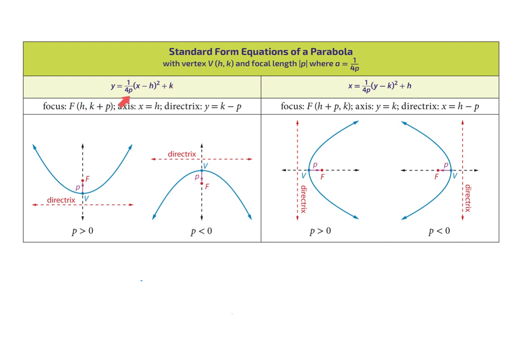This is why we need to know that p value, okay? x = h is still my axis, as it always has been. My directrix, so this line that's equidistant, is going to be y = k − p. So we have k + p in the focus, and we have k − p with the directrix.